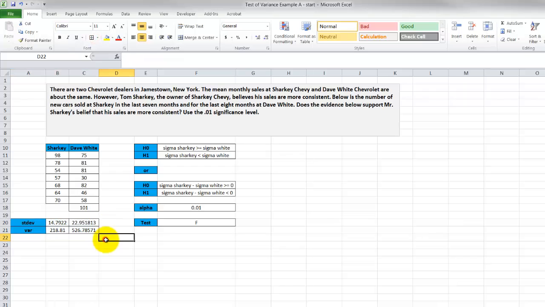So we notice that we have, in effect, called sample 1 Sharky because we wanted to use the convention we're used to in setting up the alternative hypothesis. However, it's a little confusing because here Sharky has the least amount of variation, which goes against the traditional wisdom.